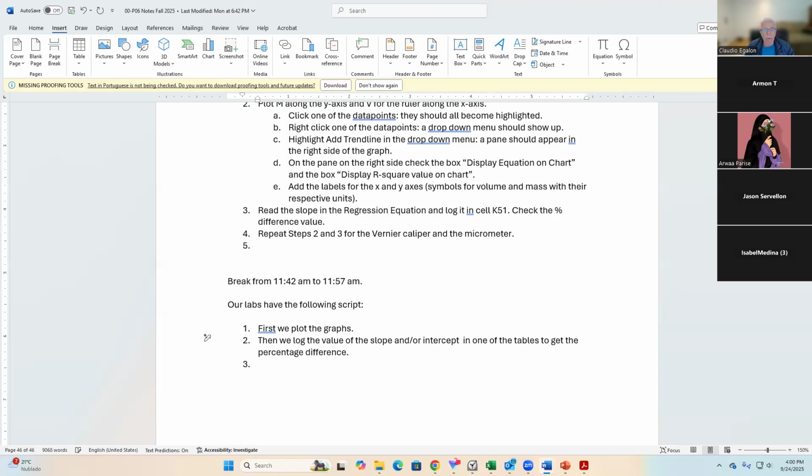Sometimes we also have the intercept in one of the tables to get the percentage difference. From this percentage difference, you can infer how good your data is, okay?